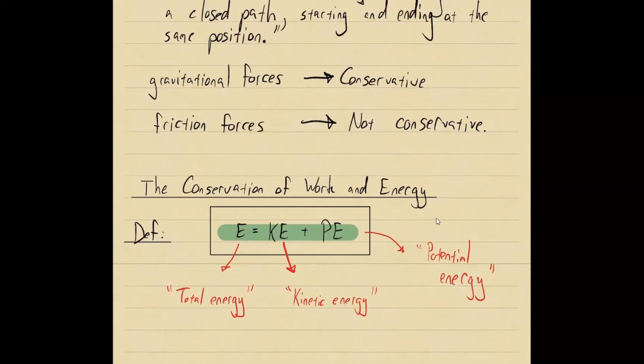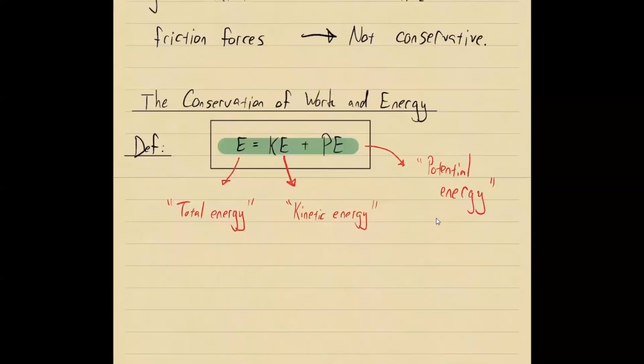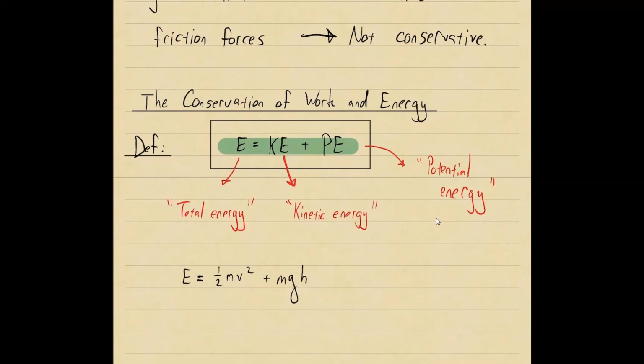So the total energy is quite nice because with it, we can do some things. We know that the form for the kinetic energy is 1/2 mv squared. And if the only potential energy in our problem comes from the gravitational force, then the gravitational potential energy has the form mg times our height above the surface of the Earth.